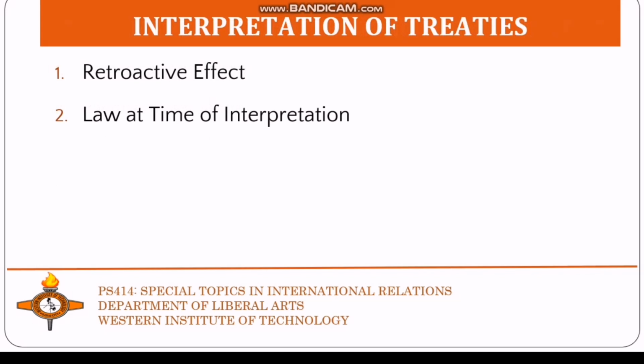Next slide is the interpretation of treaty. So a treaty shall be interpreted in good faith again. First, we have the retroactive effect. A treaty shall have no retroactive effect except when expressly provided. Second is law at the time of interpretation. With regard to the interpretation of treaties, the law prevailing at the time the treaty is being interpreted shall prevail.